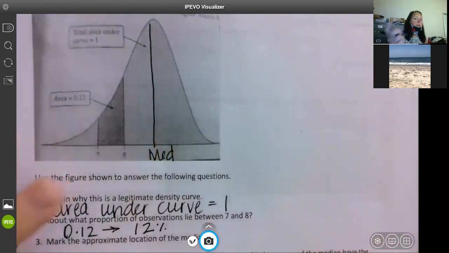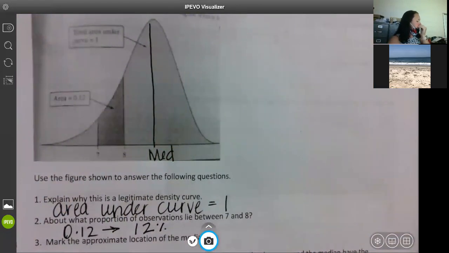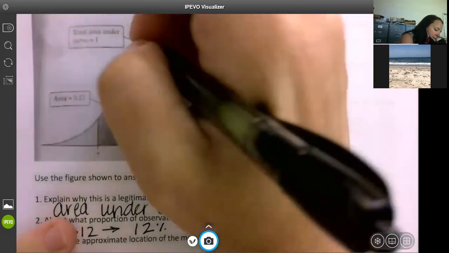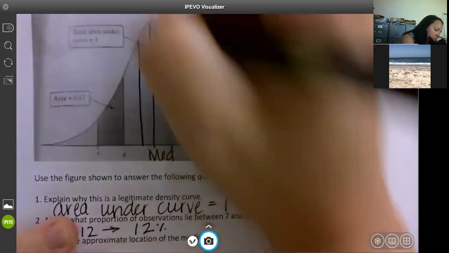Guys, this is showing your work. And what skew is this one? It's left skewed because the tail is on the left, correct? Whatever skew it is, your mean should be pulled towards that skew, okay? So if we're trying to balance it, it should be pulled that way. So your mean is actually going to be somewhere over here.